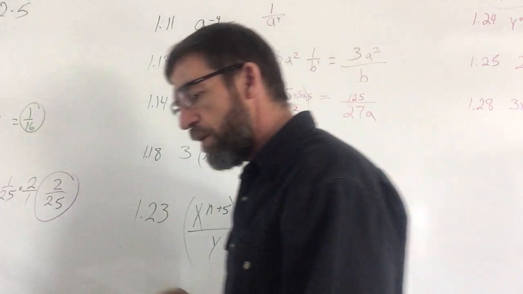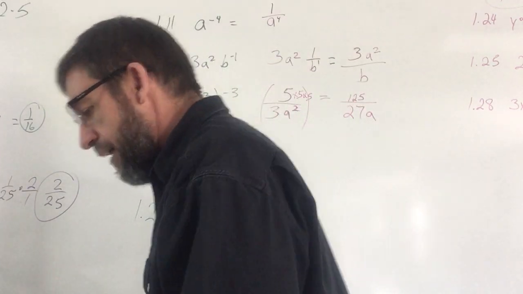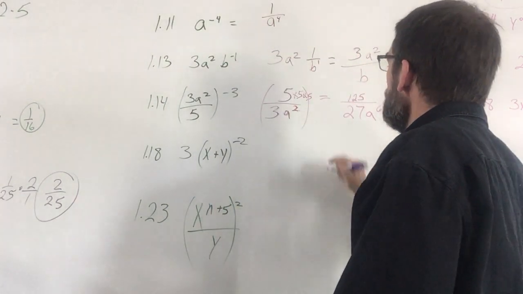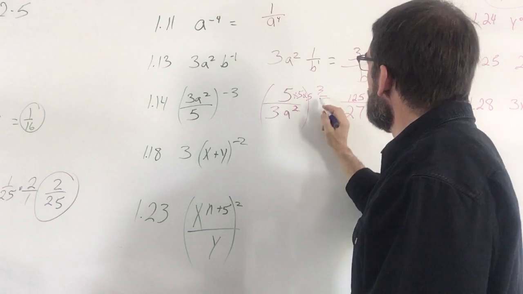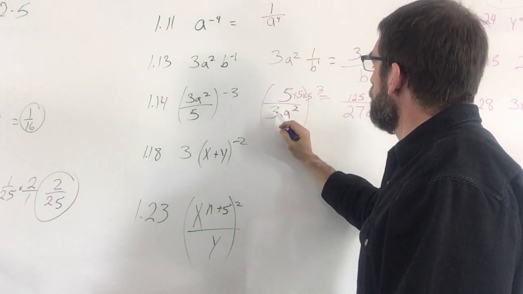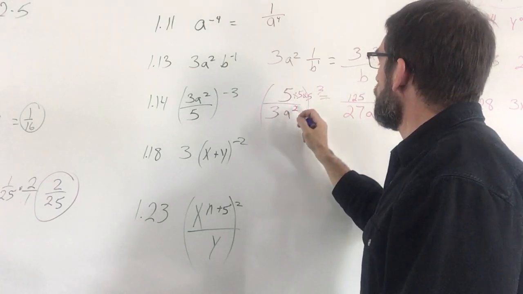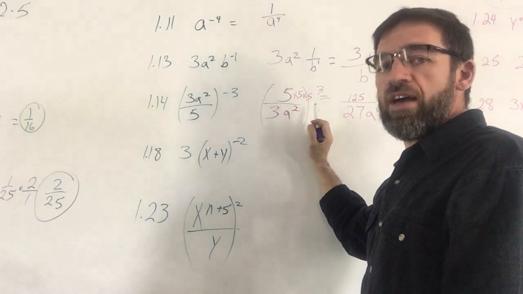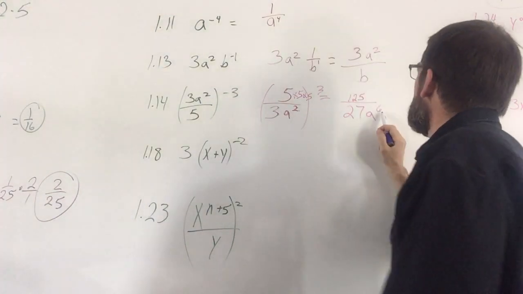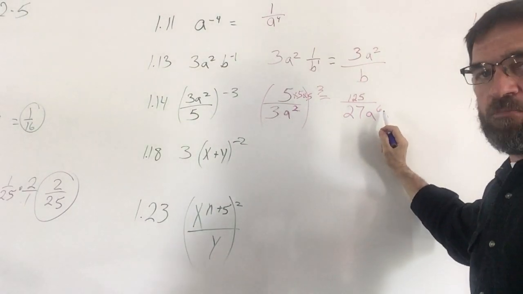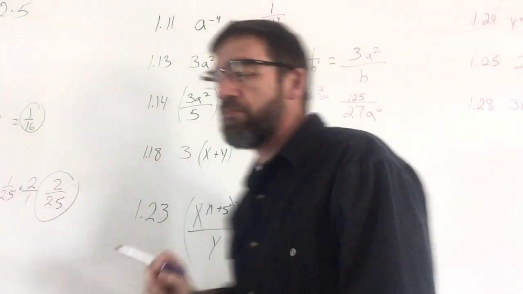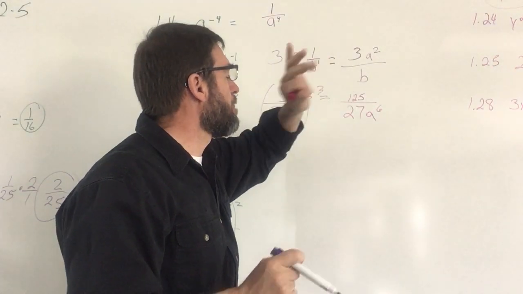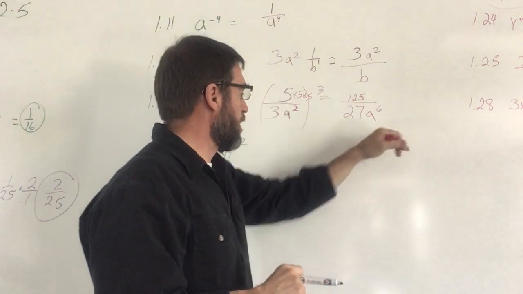Do I go a squared? A to the 6. This 3 I cubed, and then for the exponent, I added 2 times 3, which makes 6. I remember doing this problem before and I did that wrong again.